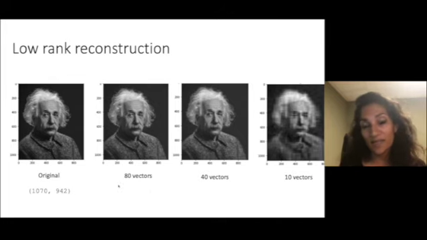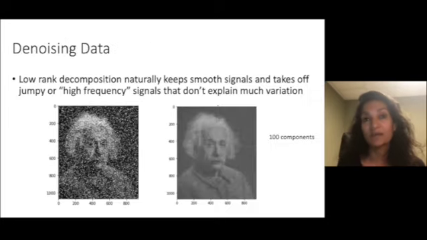Still looks remarkably like Einstein. And in fact, the degradation is very slow. If I only used 40, I only get a slightly blurrier image. And even with 10, you can pretty much tell who this person is. And this is why you can low-rank approximate a lot of data sets, because you can actually reconstruct them with a lot fewer components.